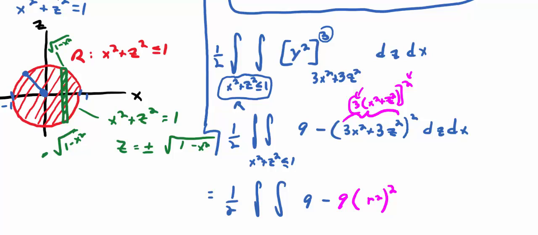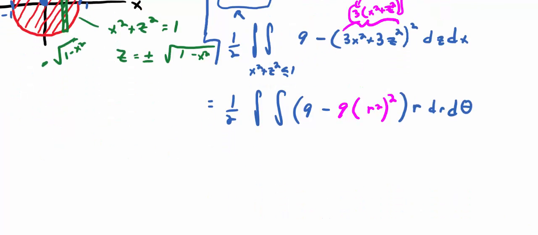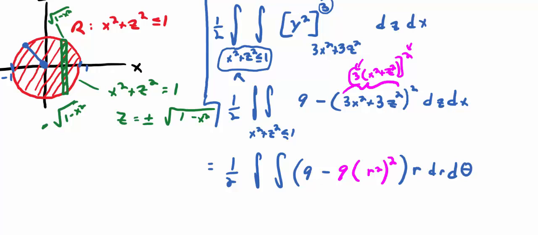Did everybody buy that so far? Now, what extra factor do you put in when switching to polar? So it becomes r and then dr d theta. And now we need the limits. Okay, so now look at my spoke.